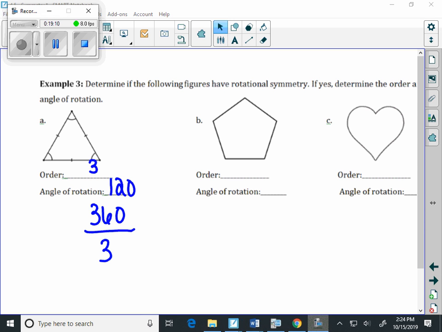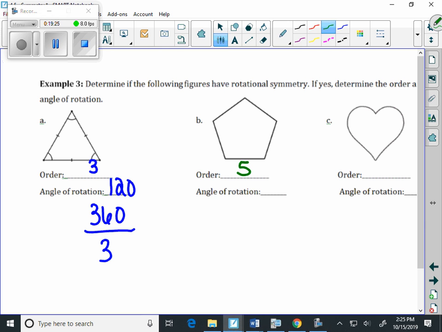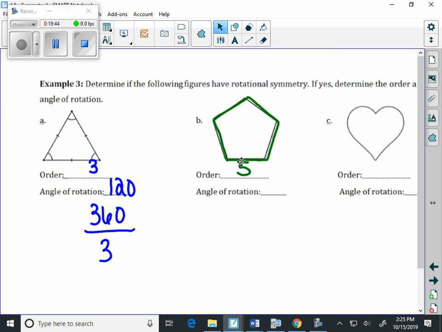This next one is going to be a regular pentagon. This one will show up a little bit better in terms of our rotation. We have 5 sides, and it's a regular pentagon, so our order is going to be 5. Again, you do not need to trace this. And we draw it. So here we're going to rotate.